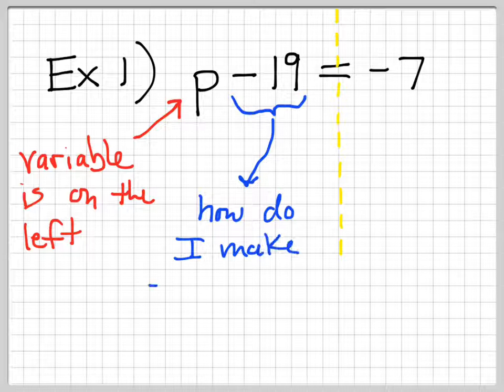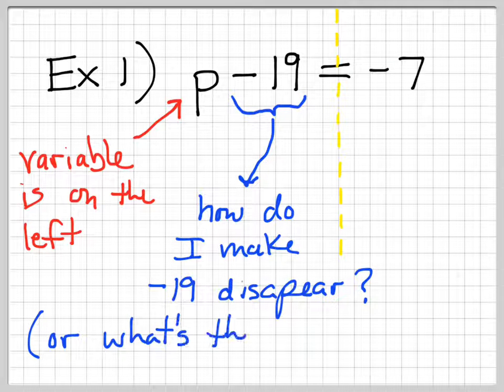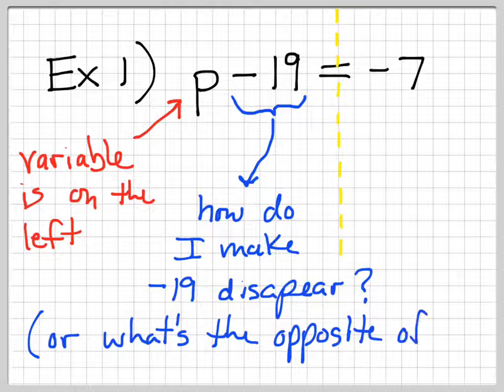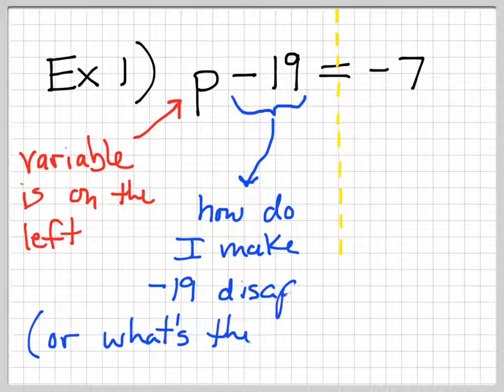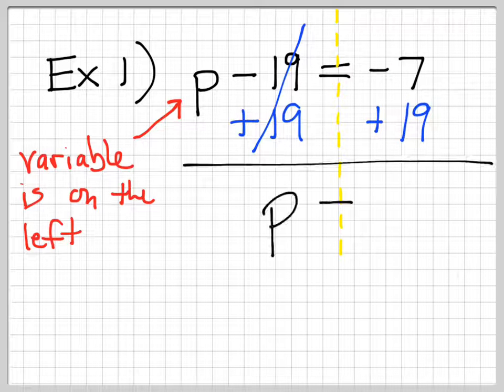So the question is, how do I make this subtract 19 or negative 19 disappear? Or, what's the opposite operation of subtracting 19? The opposite of subtracting 19 is adding 19 to both sides.